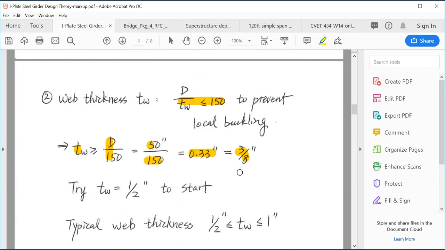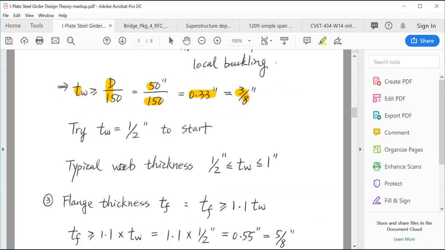Usually the web thickness is half inch to 1 inch thick, so this is a typical range of the web thickness. Since the minimum is 3/8, we will try 1/2 inch, and this is the starting point.